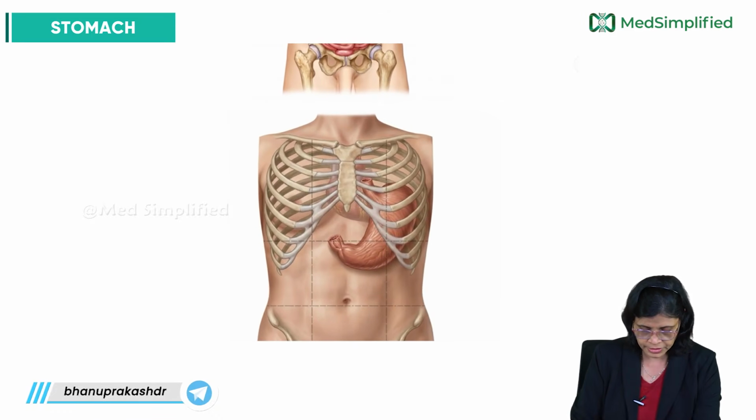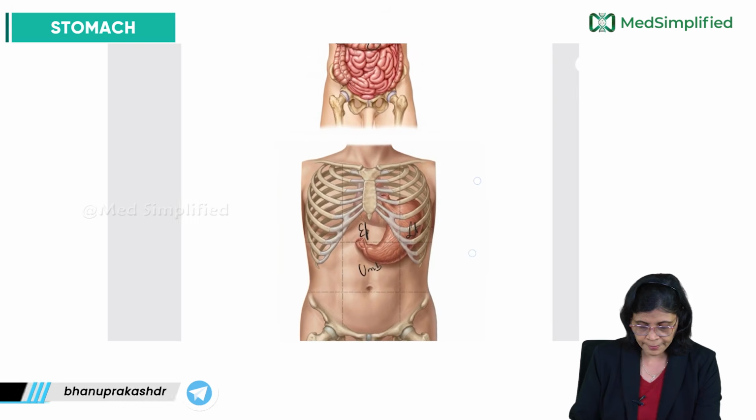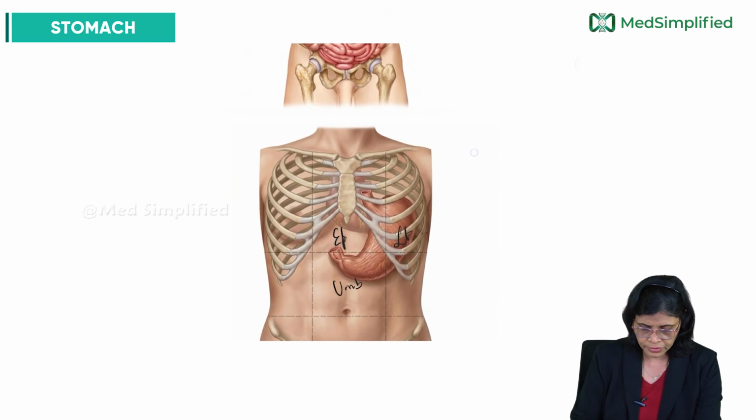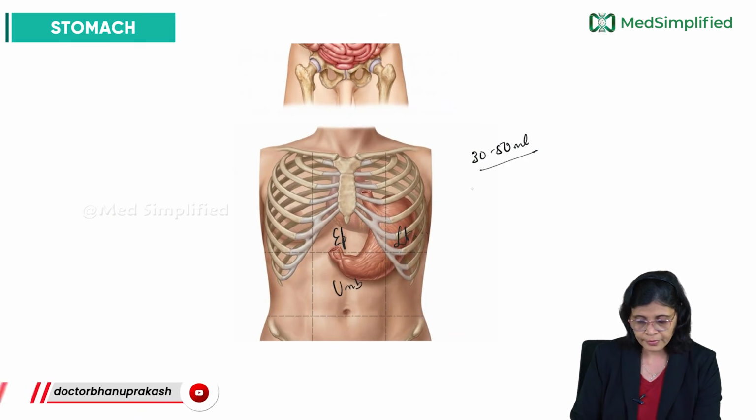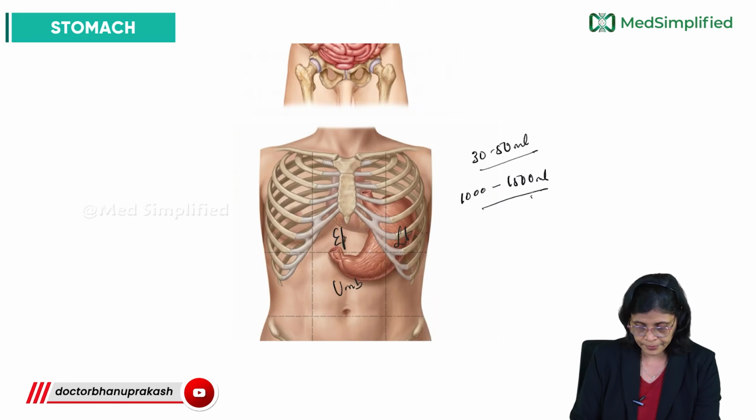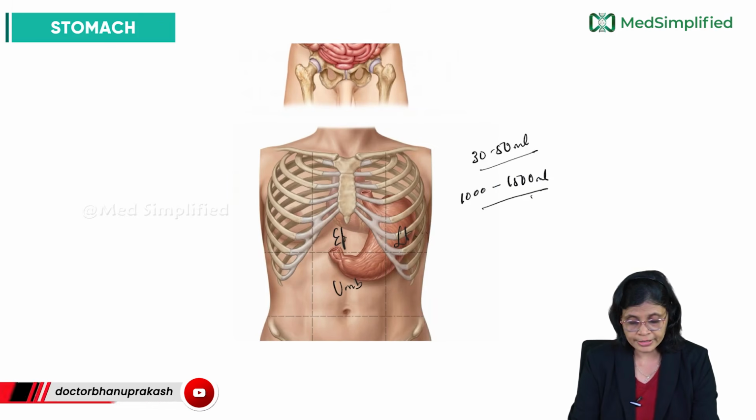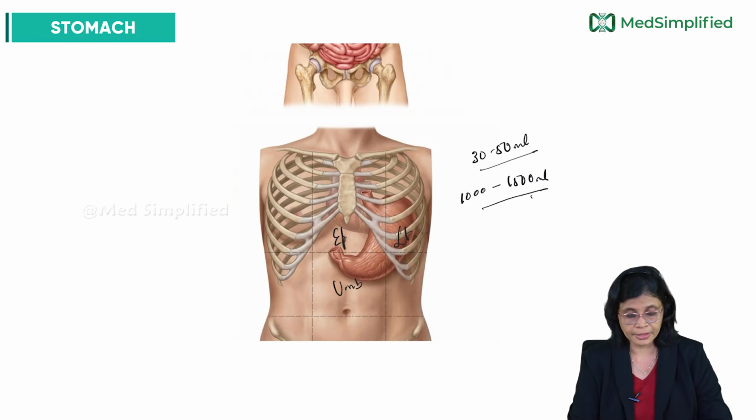The capacity of the stomach is about 30 to 50 ml in the newborn, whereas in adults it increases to 1000 to 1500 ml on an average.